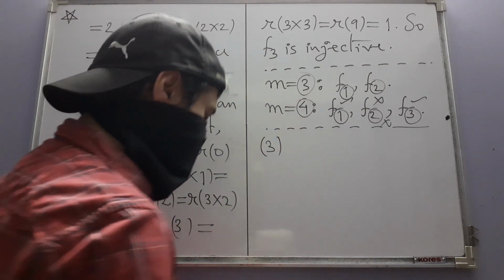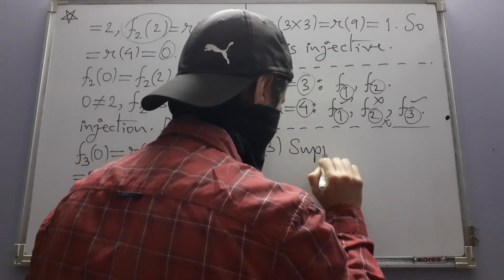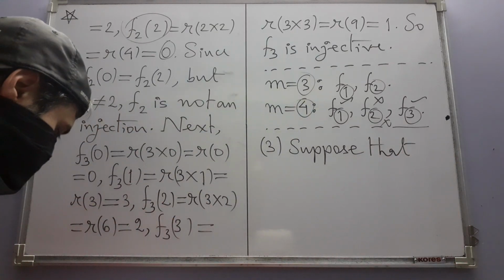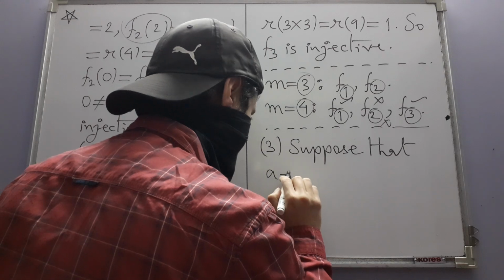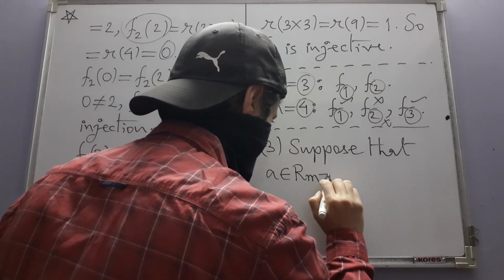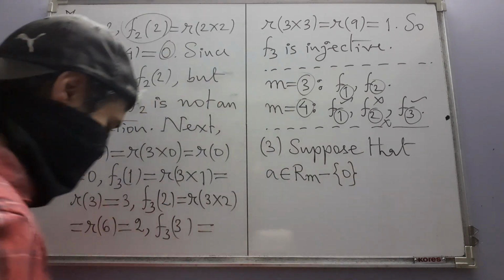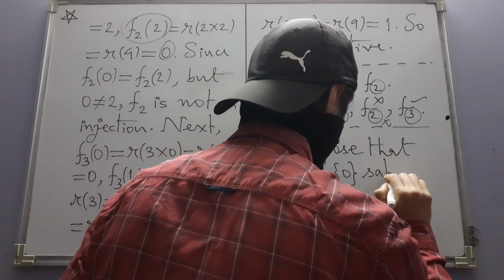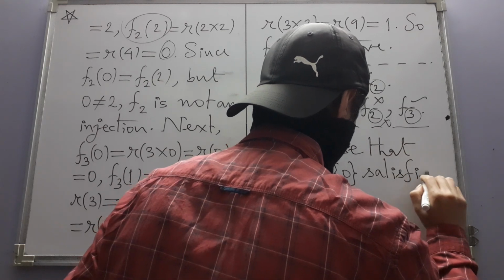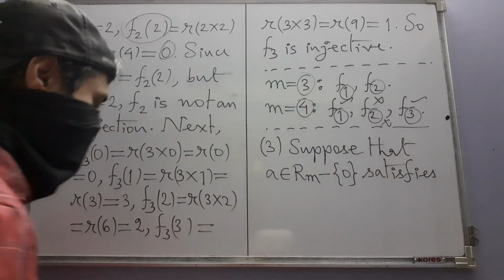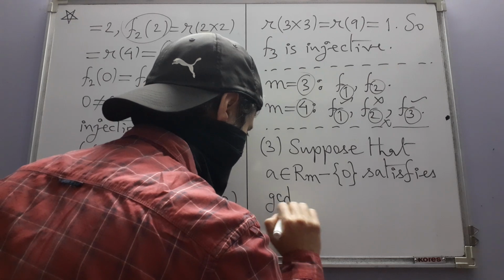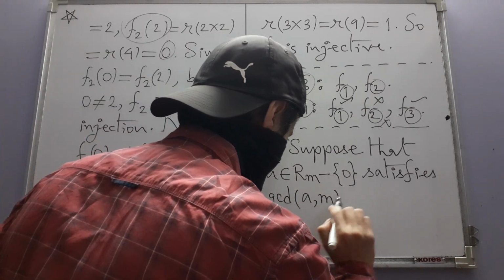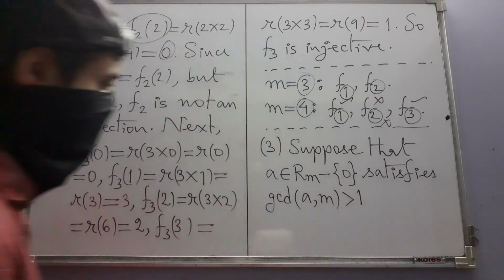Number 3. Suppose that A as usual is in Rm difference 0 and it satisfies this condition that the greatest common divisor of A and M is greater than 1.